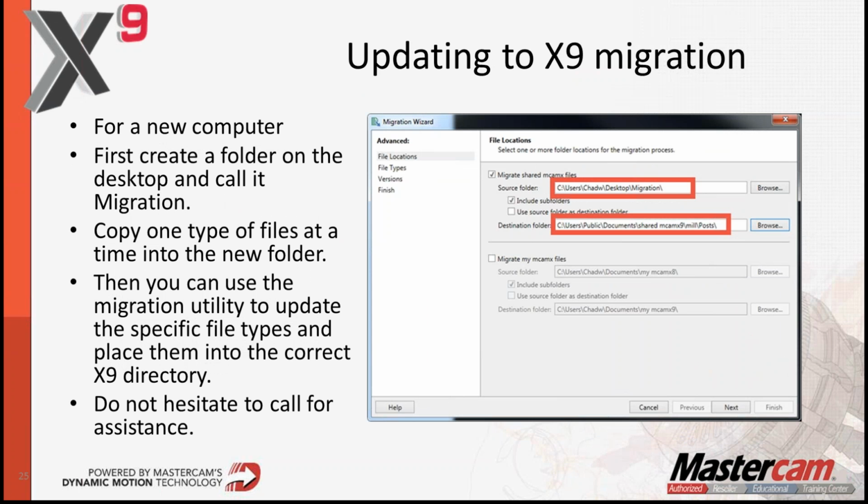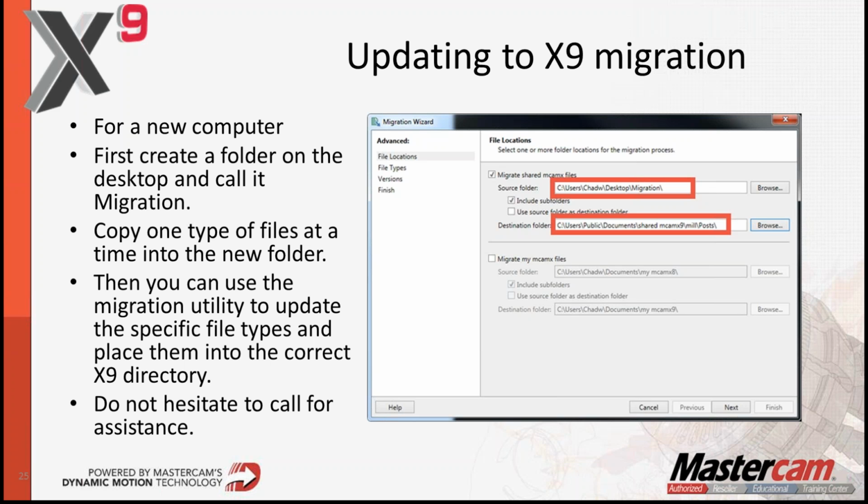So when you finish the migration that Chris just outlined, at that point you're going to have two functioning versions of Mastercam on your computer. You're going to have your old version, whether that's X7 or X8 or whatever it is, and you're going to have the new version, X9.